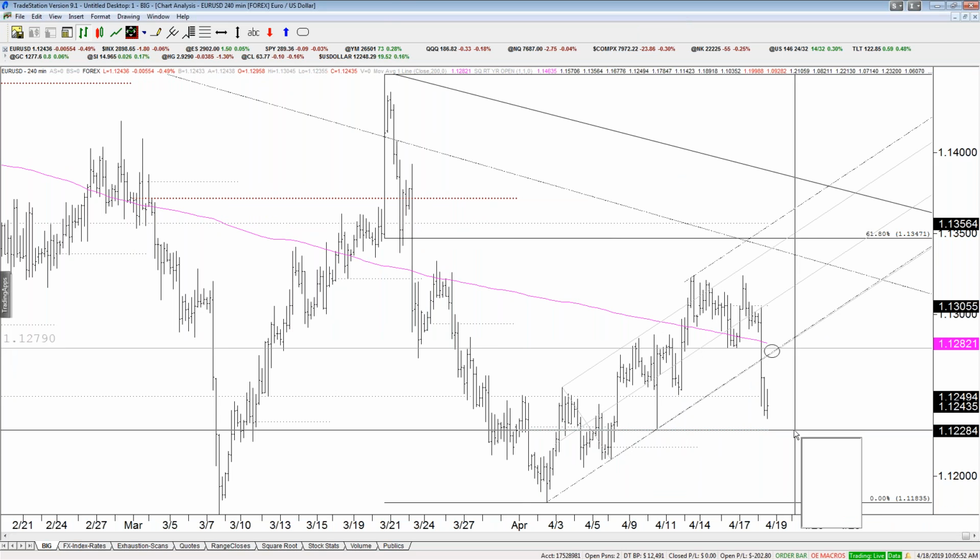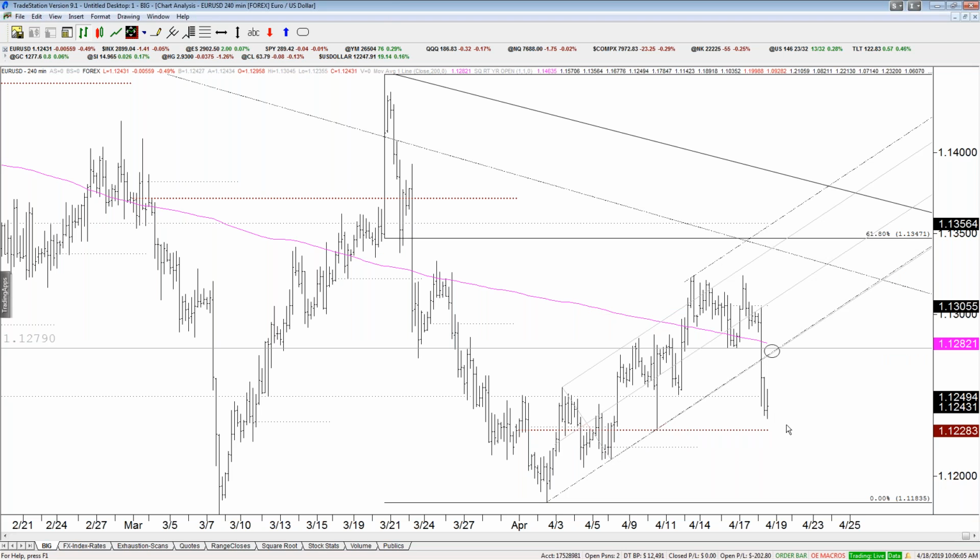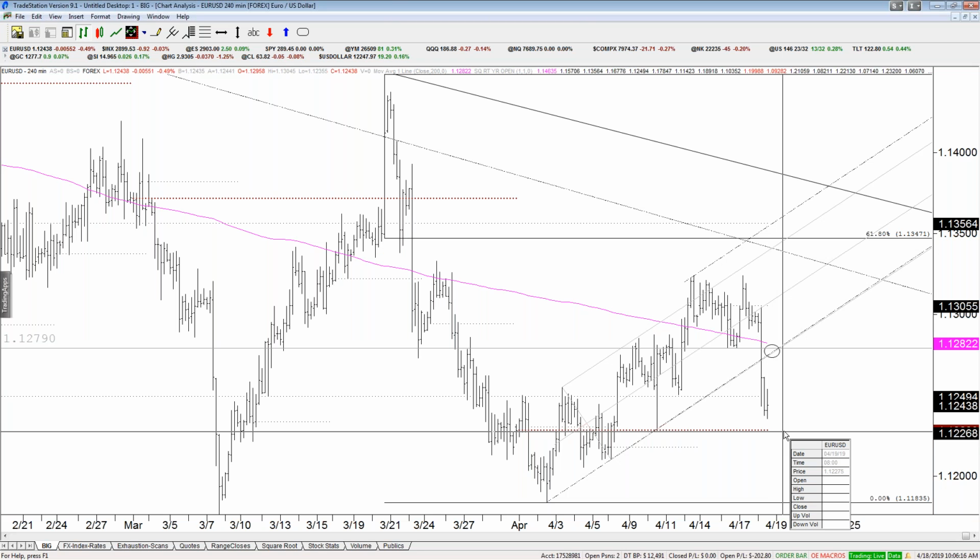And again, right here, you've got a couple possibilities. Like this is a 618. This could be A, and then 3 waves down B, 618 retrace. You've also got month open at 12:30. So on a very short-term basis, we are into what I would consider an important level, a little short-term support area here.